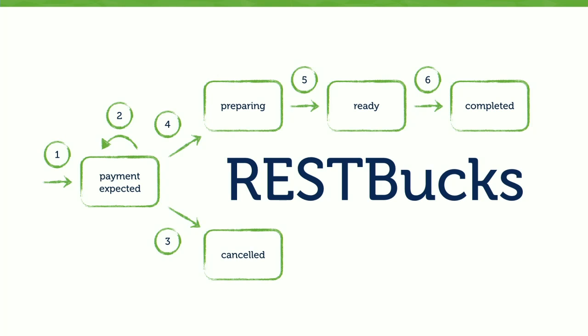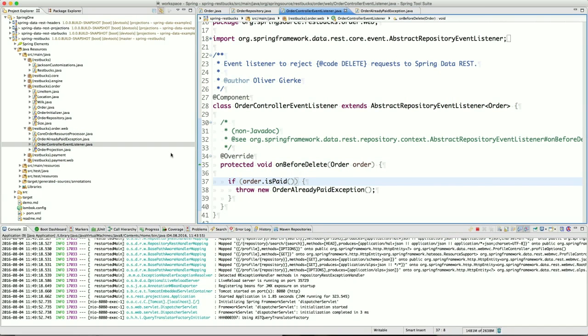And hypermedia good practice is to advertise these state transitions by including links into the representation, because that way I can write a client that shows the cancel order button whenever the cancel link is present, right? Again, stuff that I've discussed in detail yesterday.